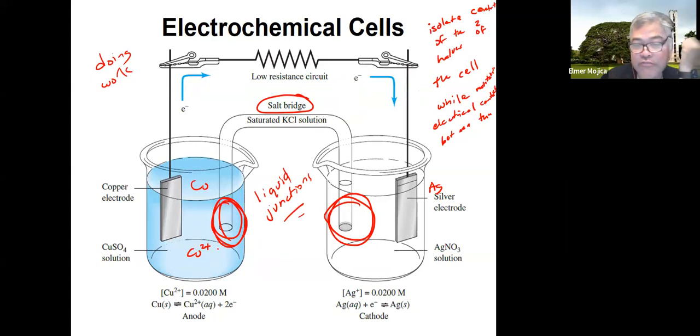What are the ions that you have here? Copper 2 plus and sulfate ions. Here you have silver ion and nitrate ions. And what else do you have? You have a K plus and a Cl minus.